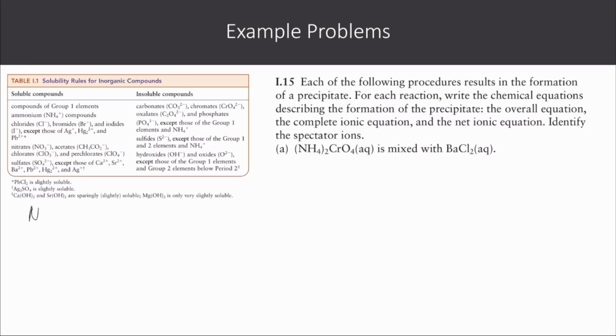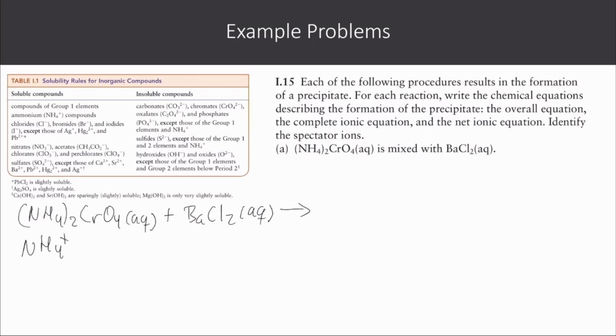So we have this ammonium chromate in aqueous solution and is added to barium chloride, also in aqueous solution. And to write the products, let's first write on the next line what will be the complete ionic equation by writing the individual ions.